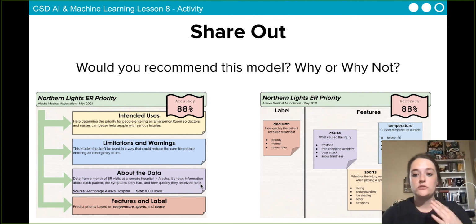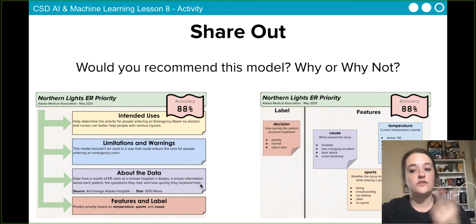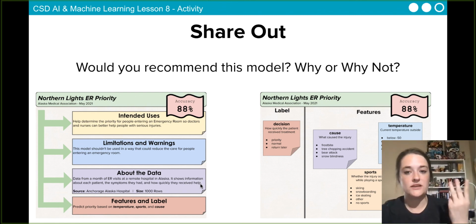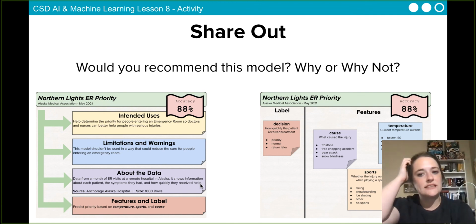For example, this is not going to do well in Mississippi because, one, there's water skiing, but that's not the same. There's no snowboarding here. We don't have ice skating unless you're in an ice rink. And then no sports. So why is sports even a category? I would not recommend it based on that.